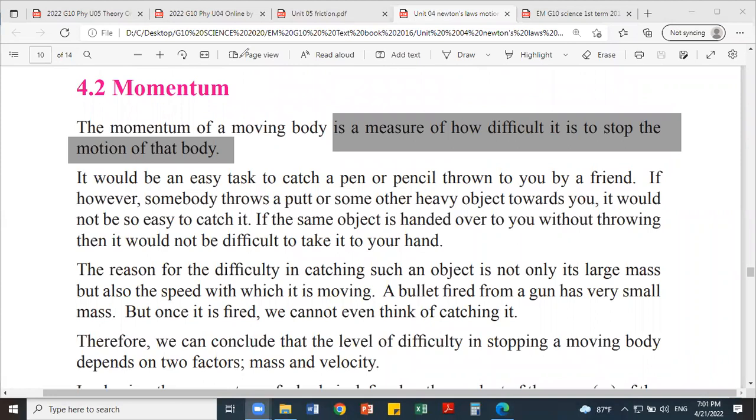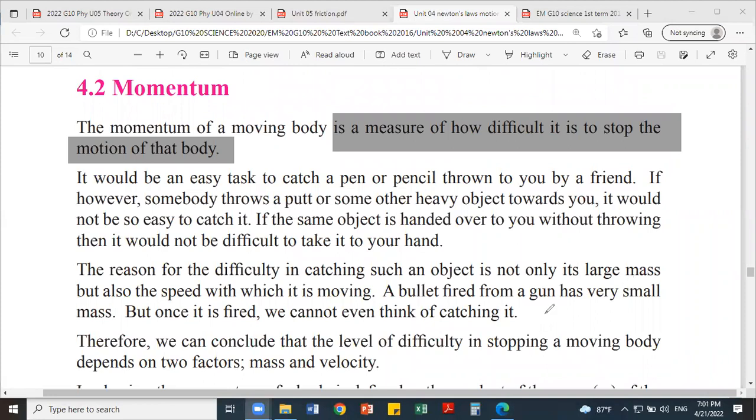A bullet. It is difficult to stop a bullet fired from a gun or from a pistol. Due to what? Due to the mass or due to velocity? You can tell me the answer.